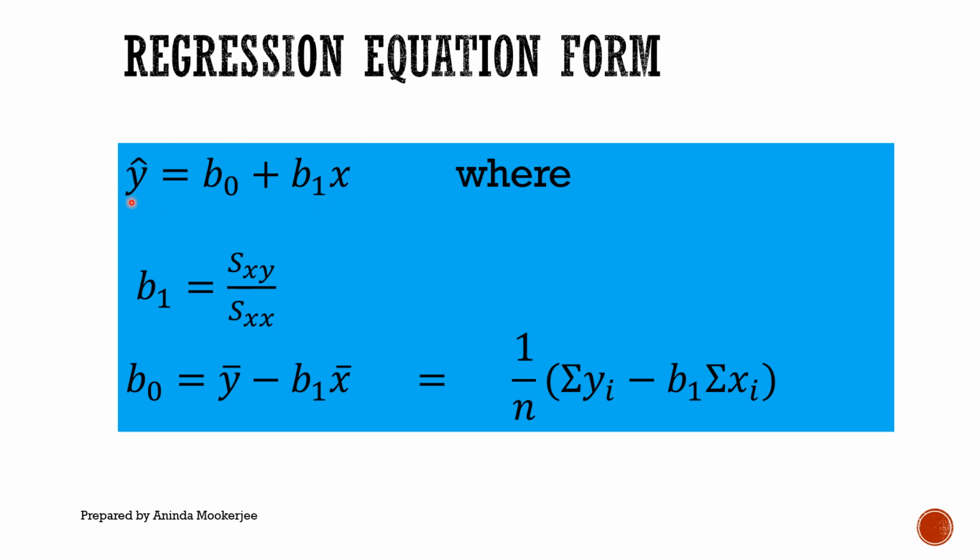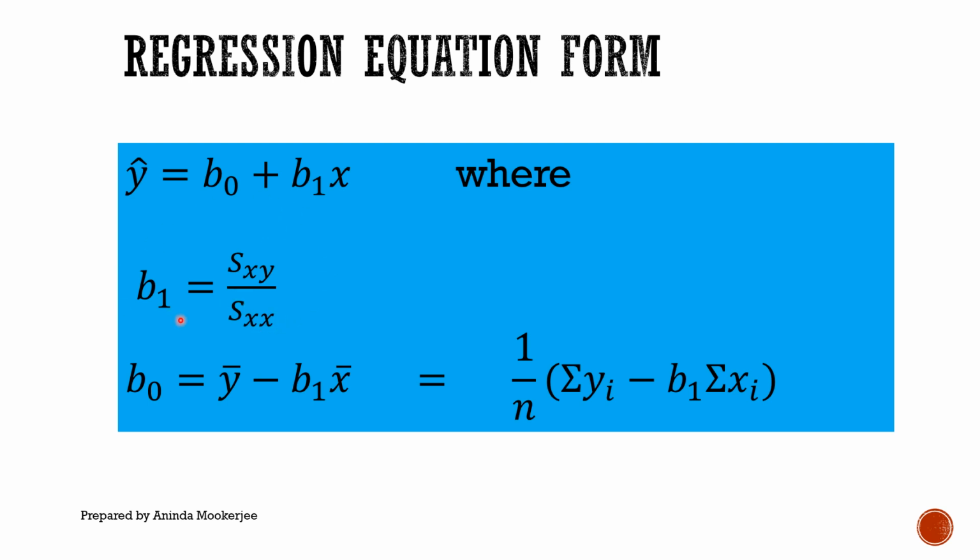So whenever you see a y with a hat on it, that means we are referring to the sample regression equation, not the population regression equation. The population regression equation will just have a y on it and it won't have the lowercase b. It will have beta, the Greek letter beta. We'll talk about that later.